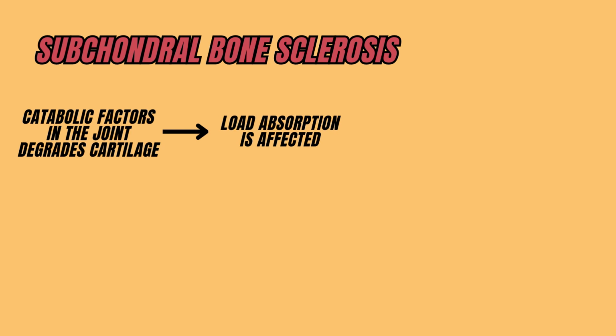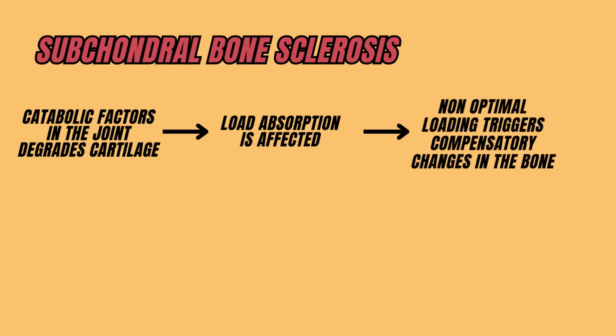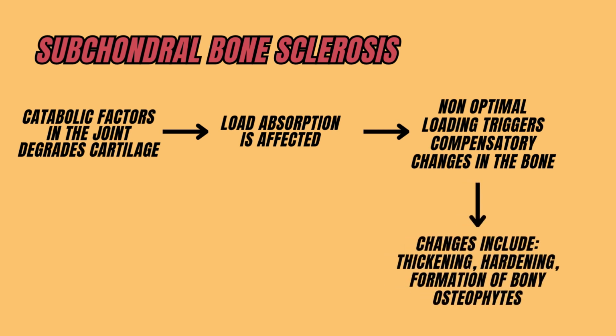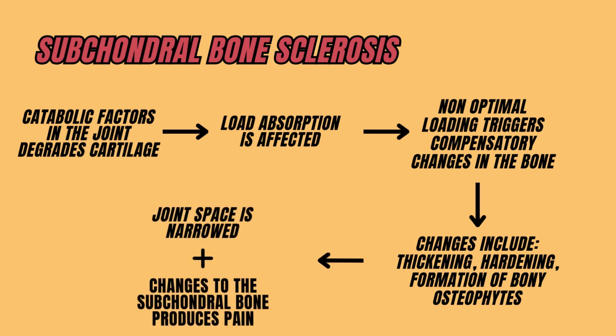The load from the joint now triggers the bones inside the joint, especially the subchondral bone, to compensate by thickening, hardening and forming bony osteophytes along the edges. And this change actually causes the joint spaces to narrow and reduce. So in conclusion, the changes to the subchondral bones are one of the sources of the pain. The sclerosis refers to the thickening, hardening and forming of bony osteophytes.